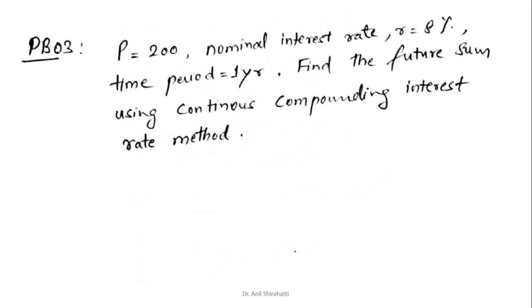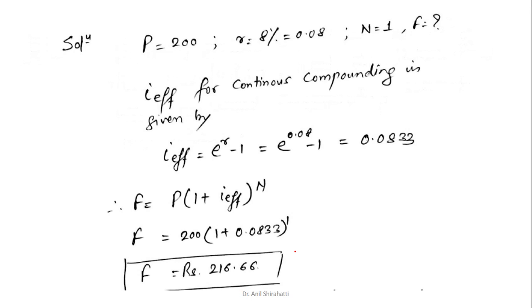Now you can solve this equation where, let's say, principal is 200 rupees, nominal interest rate is 8%, time period is 1 year. Find the future sum using the continuous compounding interest rate method. So P is given as 200, r is 0.08, 8%, n is 1, and F we want to find.